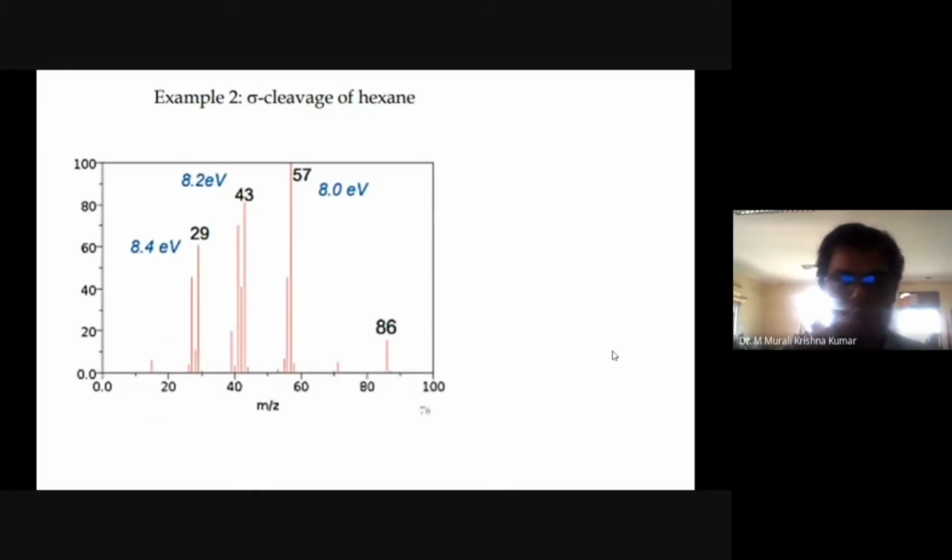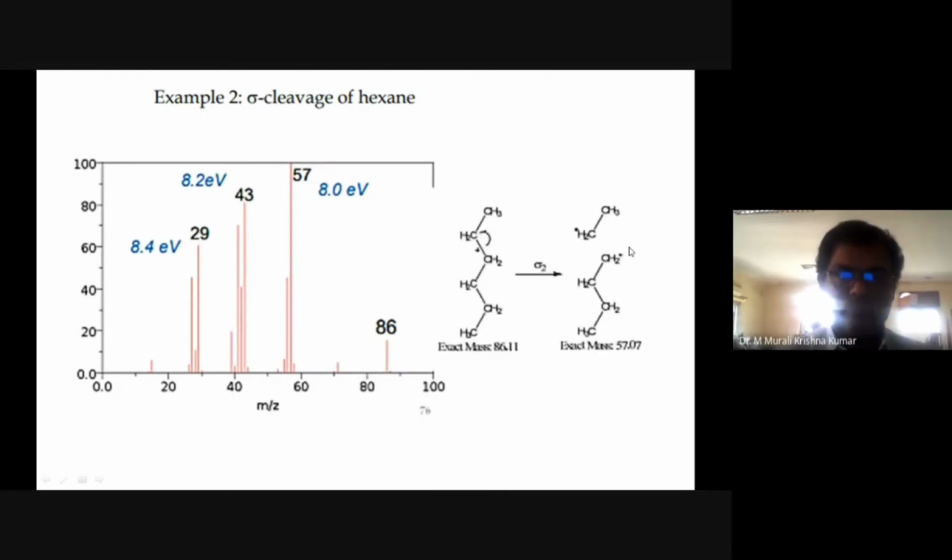The next one: just now we have seen the role of steric hindrance. Now let us see the role of ionization energy. Here the exact mass of hexane is 86.11. Through alpha 2 cleavage we are getting a fragment.